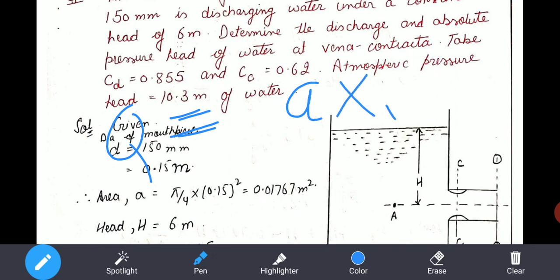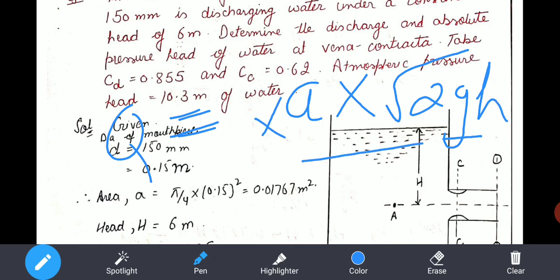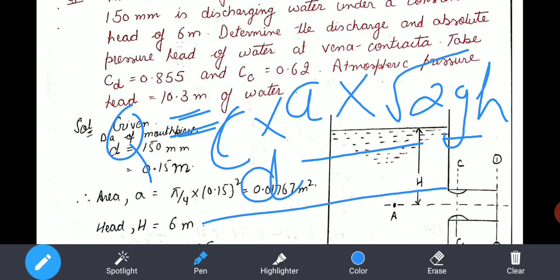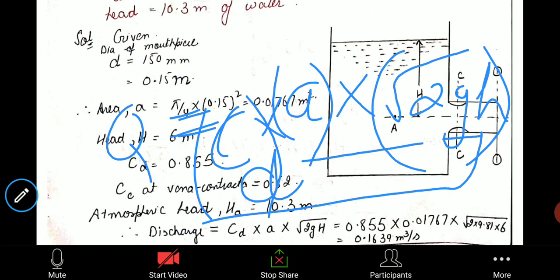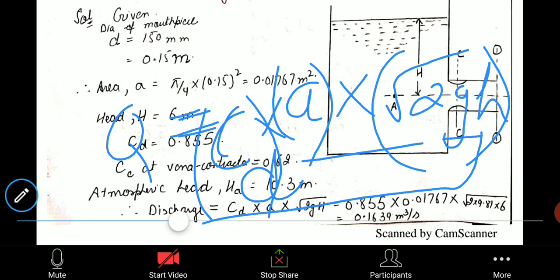The velocity we are considering here is the theoretical velocity, that is under root 2gh, and this is for an ideal fluid. For a real fluid we have to multiply it with CD. CD is given to you, the area we already obtained, and with all these values we finally obtain the discharge as 0.1639 meter cube per second. Okay, this is one part.